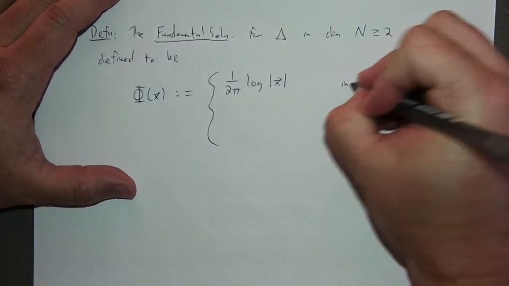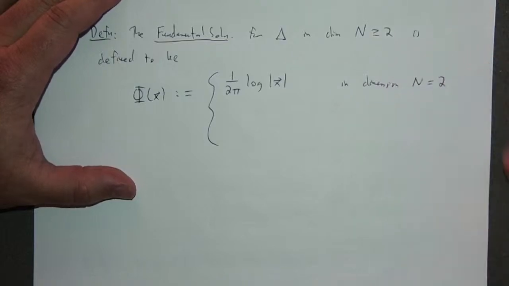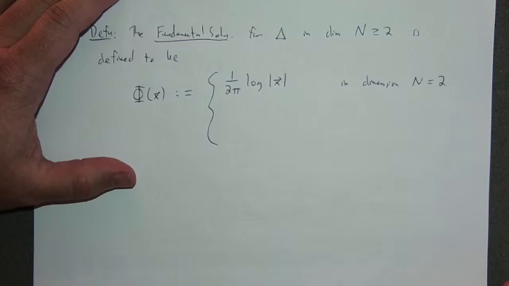This is in dimension n equals 2. So that's our choice of that constant in dimension n equals 2.